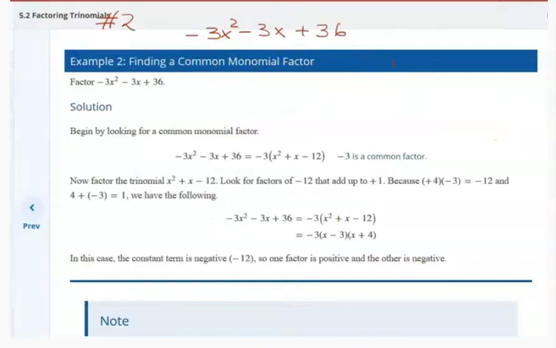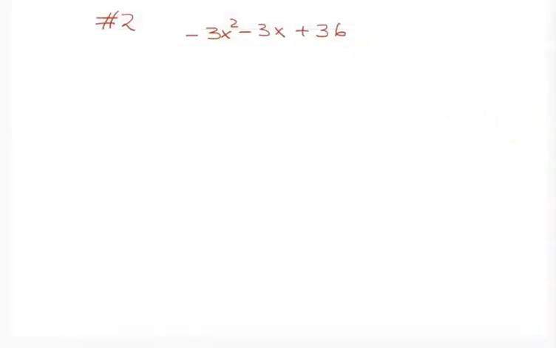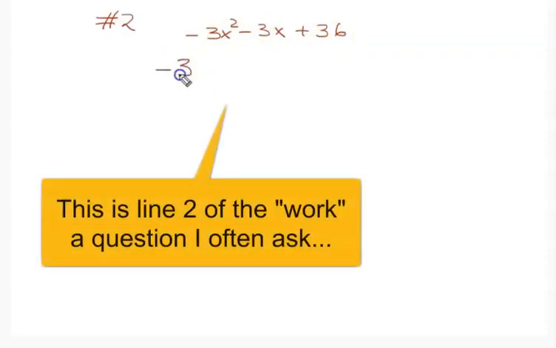Now in your notes, example 2, and we'll go to our whiteboard. So as we look at this one, is it in standard form? Yes. Is there any common factor? And you'll notice now our a term is a -3, and there is a 3 that can be factored out of each term. So let's factor out the -3.